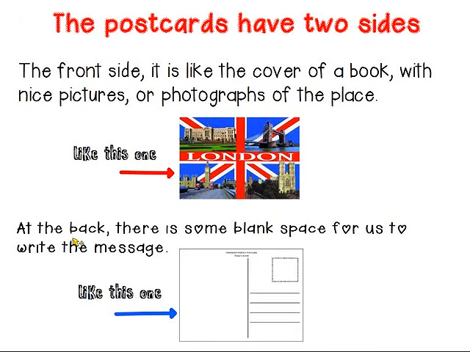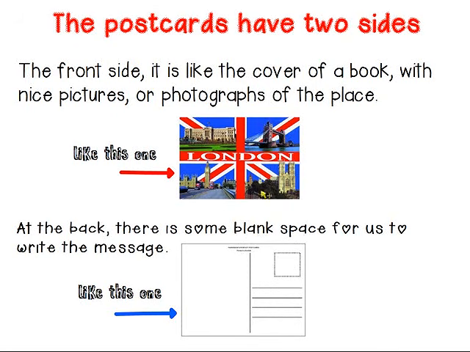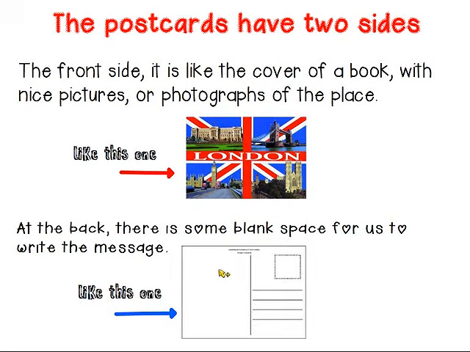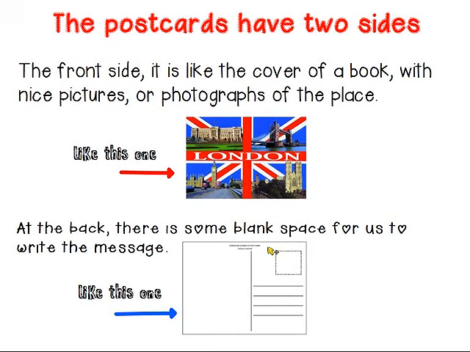At the back of the postcard, there is some blank space for us to write a message, space for the stamp and space for the address. So this is the back of the postcard, and this is the front of the postcard. You are gonna write on the back of the postcard.